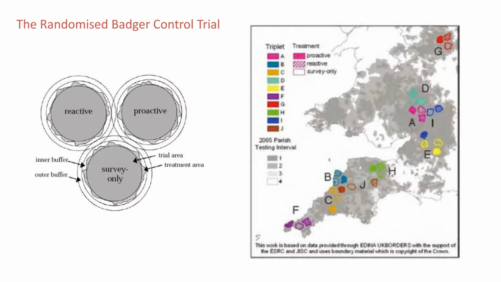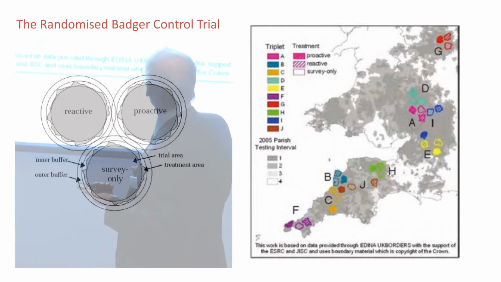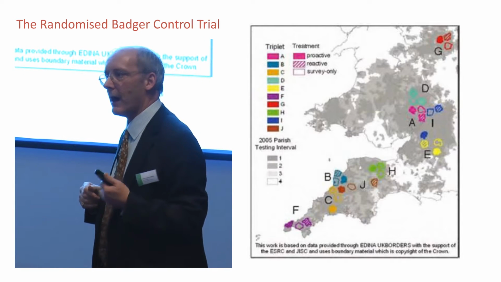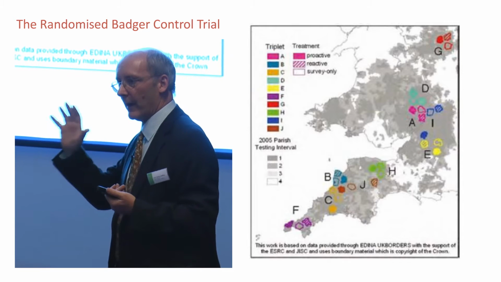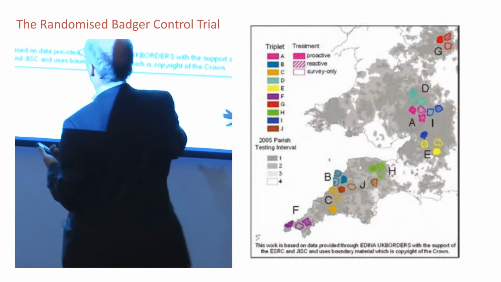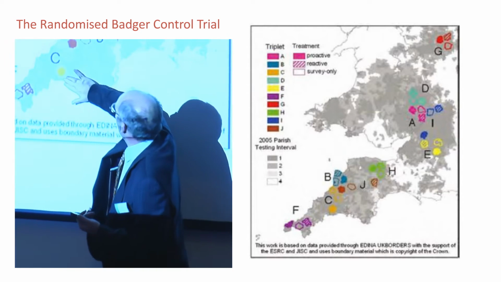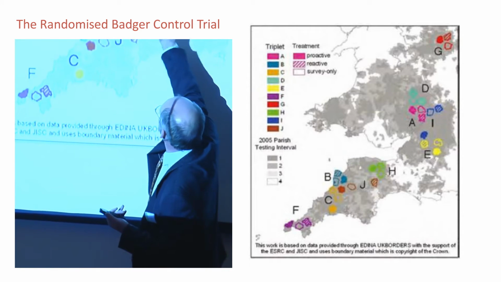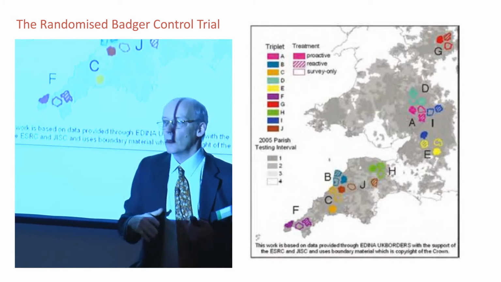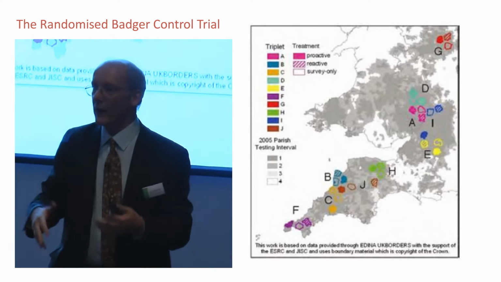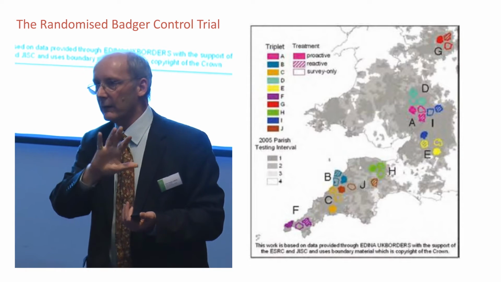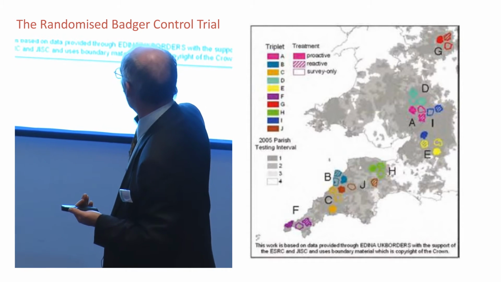Fifteen years ago now, John Krebs, my recently retired boss at Oxford, did the Krebs report and recommended, and full marks to DEFRA for carrying it out, one of the biggest experiments ever done, the so-called randomised badger culling trial, where 10 triplets of sites throughout the west of England were put into three treatments. One was a control, and another was reactive culling, where you only culled when there was a case of bovine TB, which was abandoned for reasons I'm happy to talk about if people are interested.